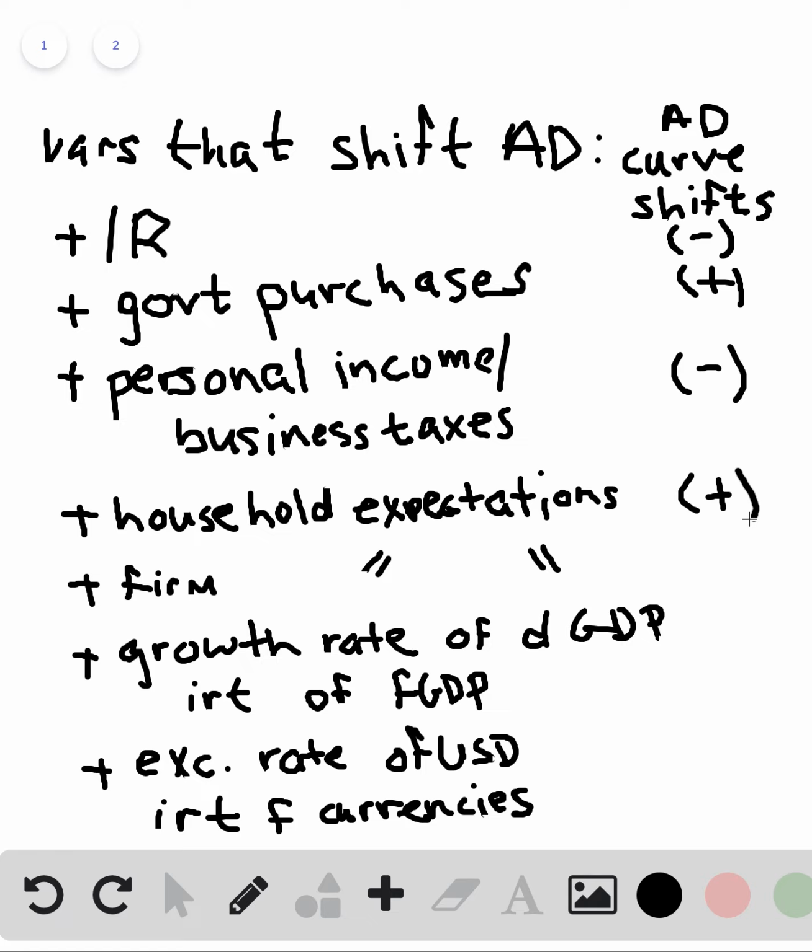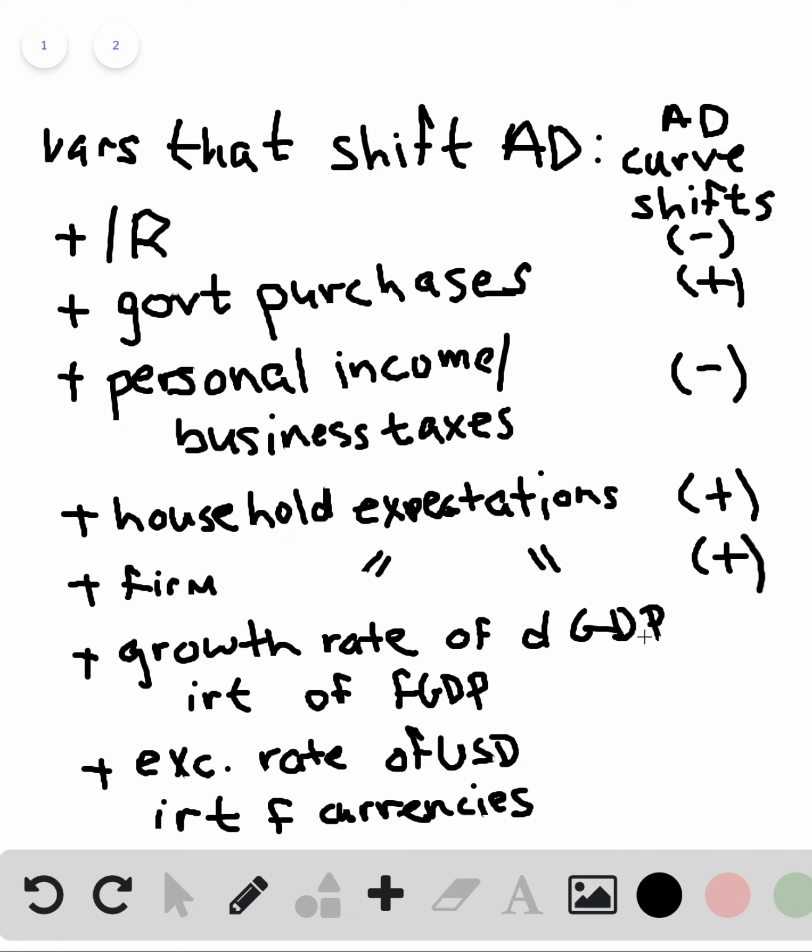If there's an increase in firm expectations of future profitability of investment spending, it's pretty much the same reasoning as the one for household expectations. So we're going to put a little plus there for the AD curve shifting to the right. If there's an increase in the growth rate of domestic GDP in respect to the growth rate of foreign GDP, that means consumers will have more spendable income in the US compared to consumers in other countries.